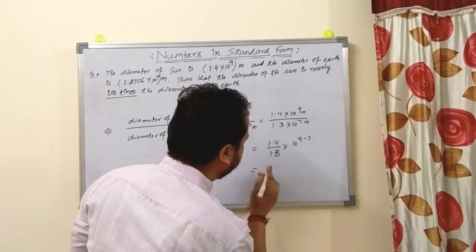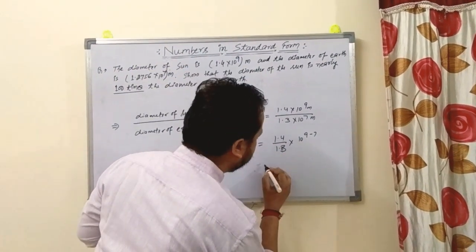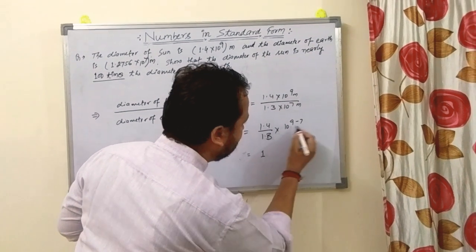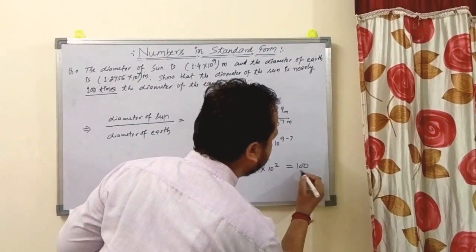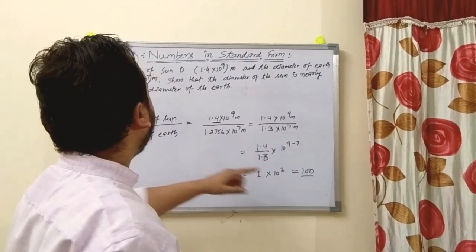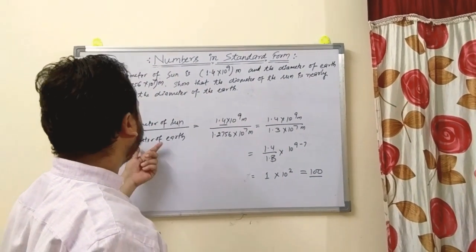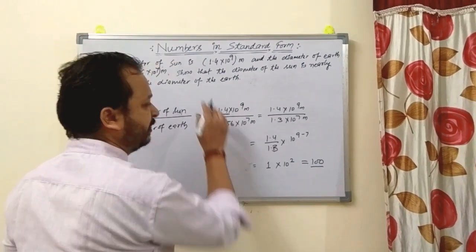So 1.4 divided by 1.3 is nearly 1, and here you get 10 to power 2, means 100, right? And which is showing that the diameter of sun is 100 times the diameter of earth.